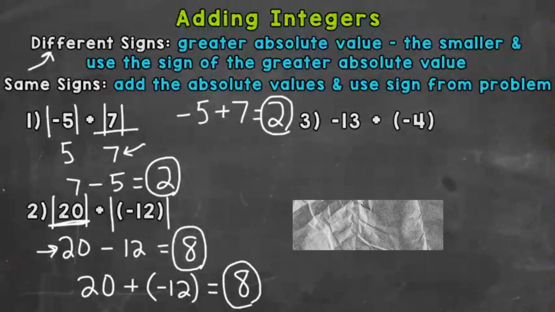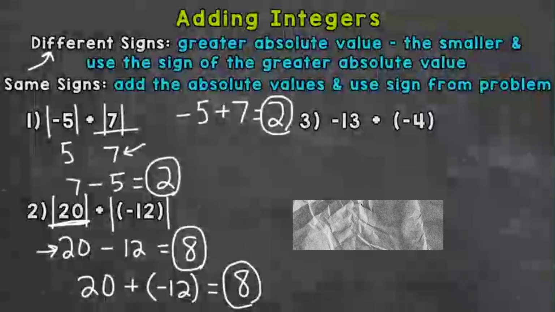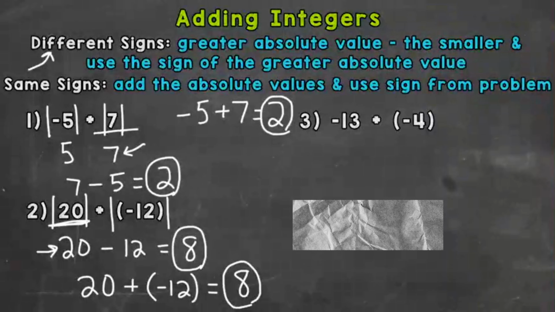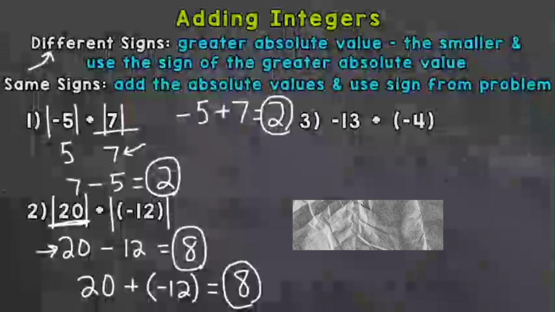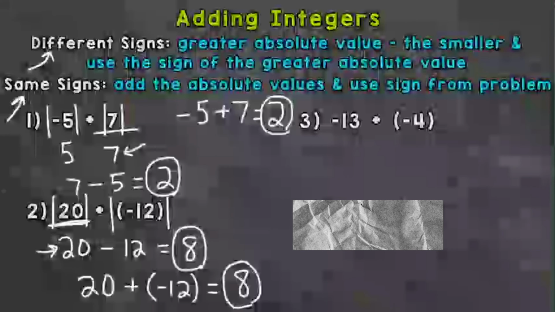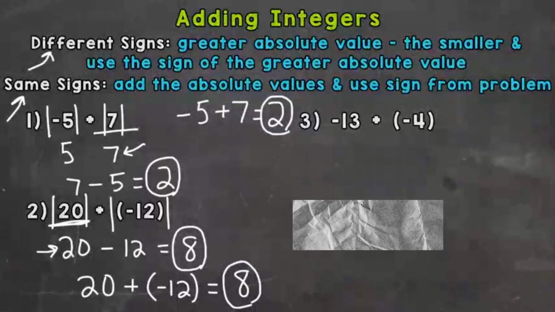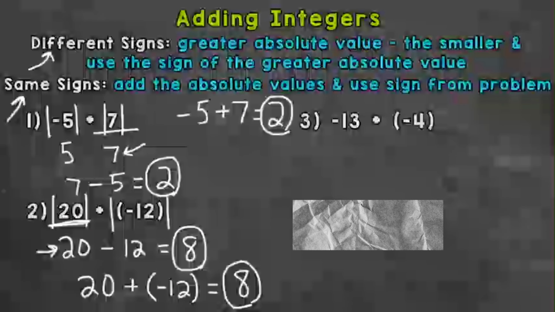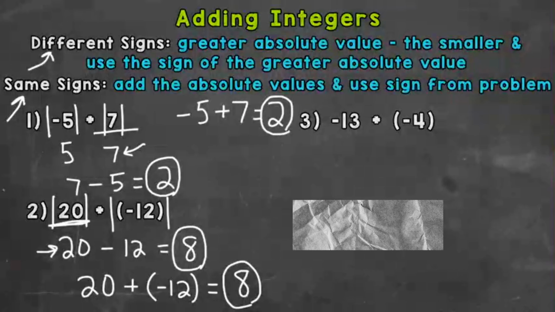And number 3, where we have negative 13 plus negative 4. So we have the same signs here. So we will look right here. We need to add the absolute values and use the same sign from the problem. So let's find our absolute values here. The absolute value of negative 13 would be 13.